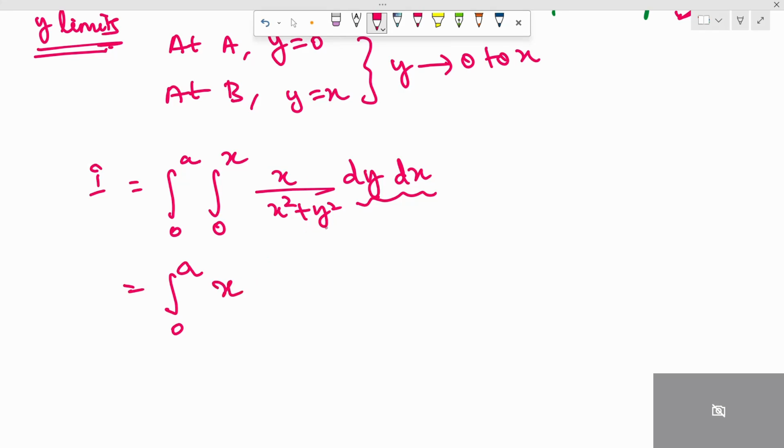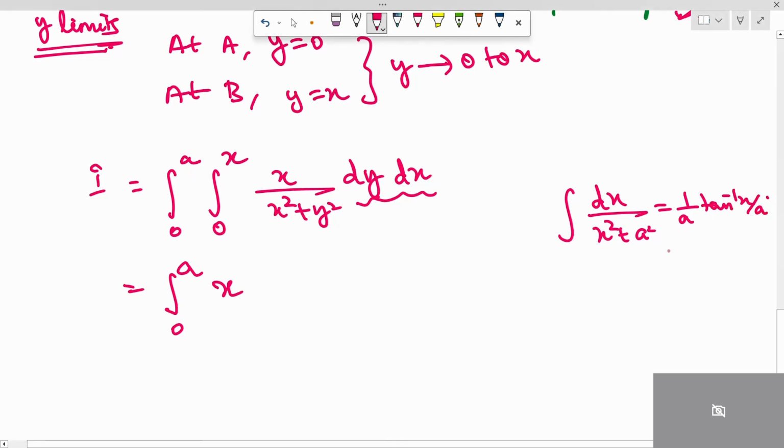We can't integrate directly because 1 by x square plus y square is there, but we know the formula: integral of dx by x square plus a square is equal to 1 by a into tan inverse of x by a.